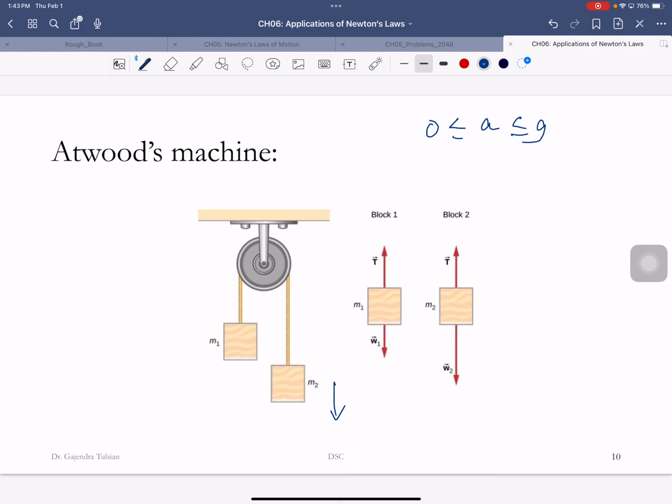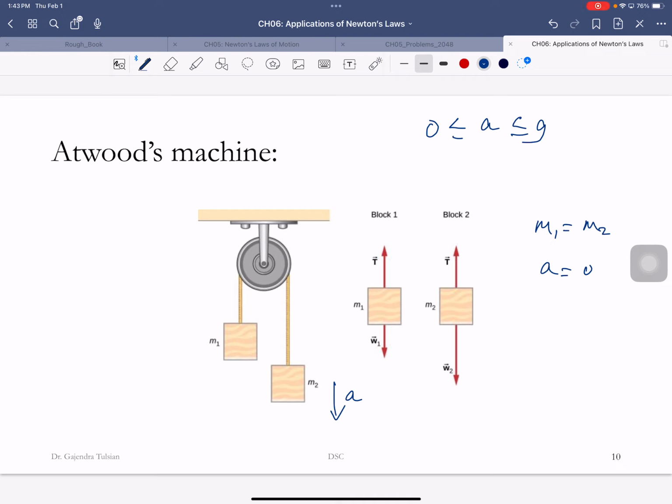I think as the heavier mass increases, like M2 increases from M1, that gives you the answer. M2 minus M1. So if M1 equals M2, then acceleration will be 0. No, I don't mean equal. One of them should be less.